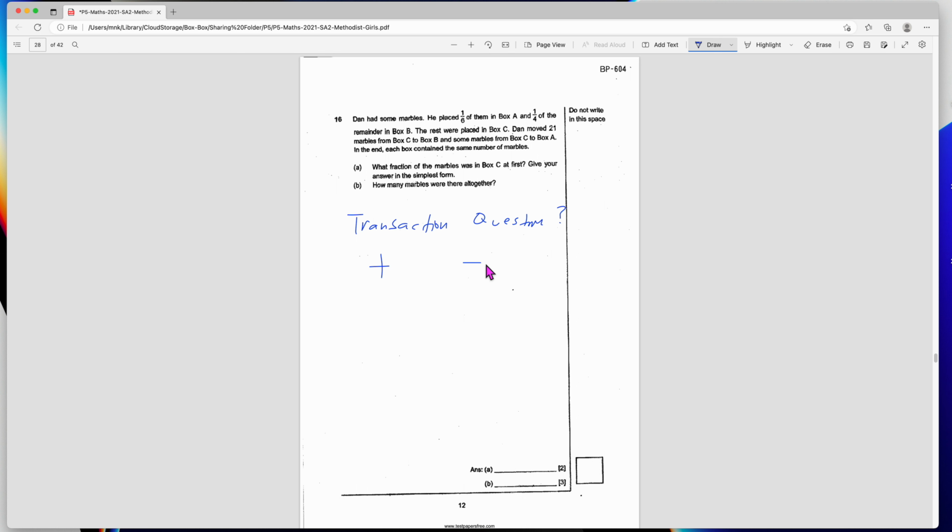So the question you ask yourself next time is whether you will give away or lose something, or receive or gain something. So it's like plus minus. When you have a plus minus relationship, then it's a transaction question. Then you can use the branch method, right?